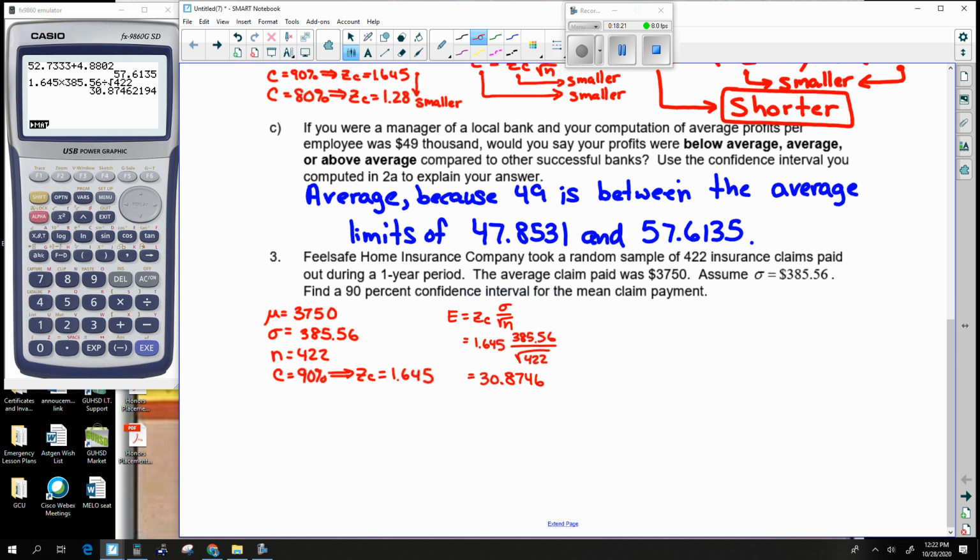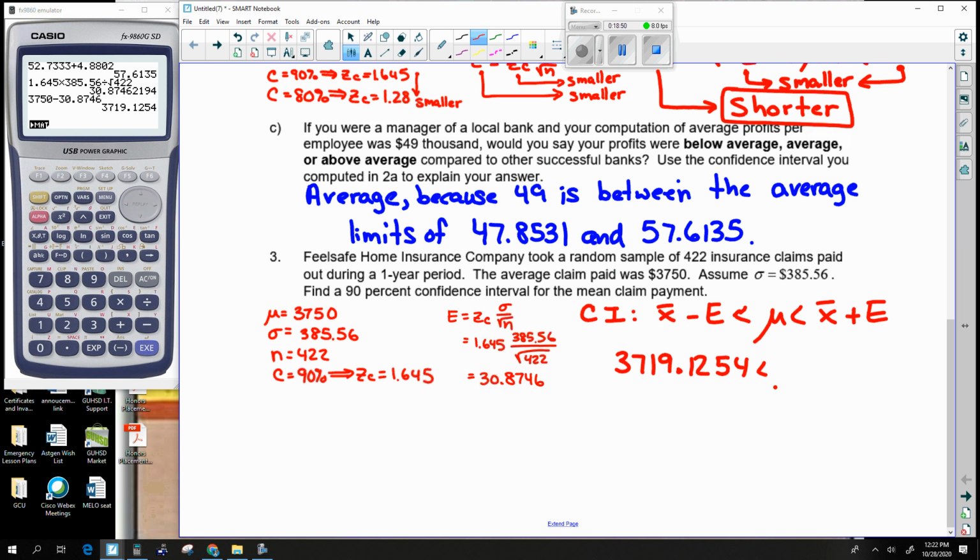And then we can go ahead to the confidence interval in which the question is asking. That's going to be X bar minus E and then X bar plus E.